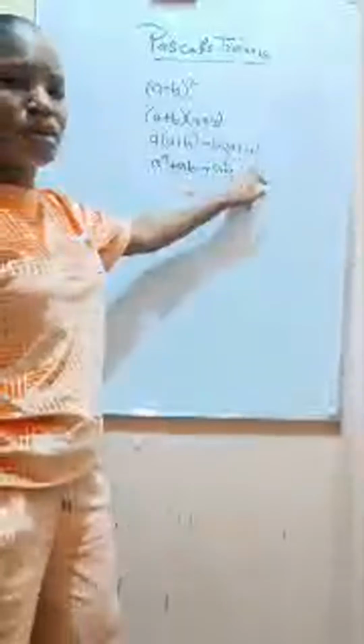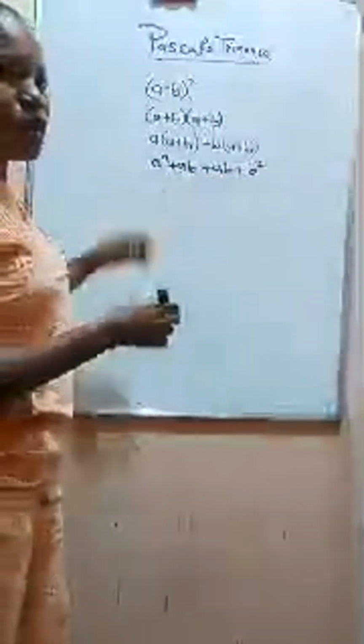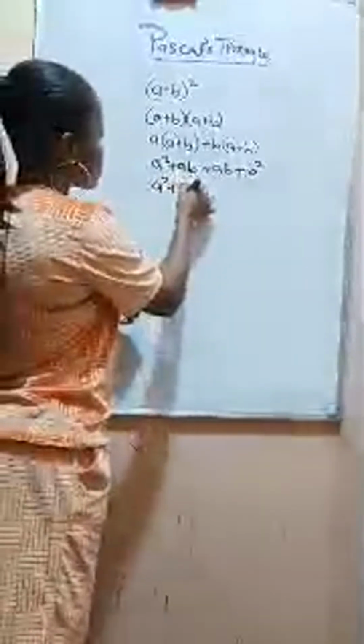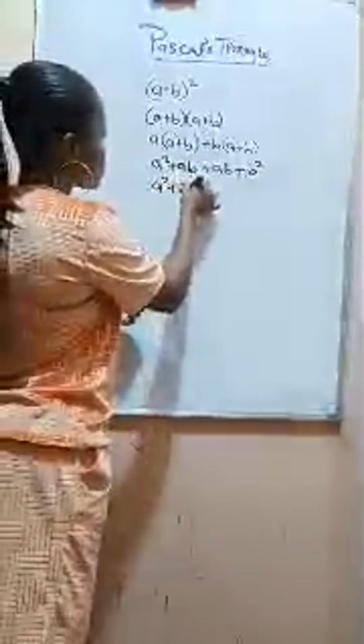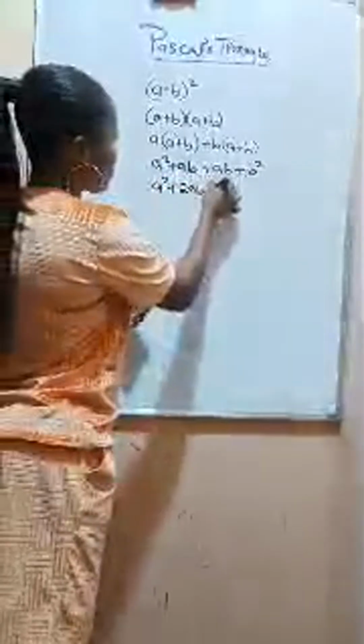And plus b multiply plus b will give us plus b squared. So if we solve this further, we are going to have a squared plus 2ab plus b squared.